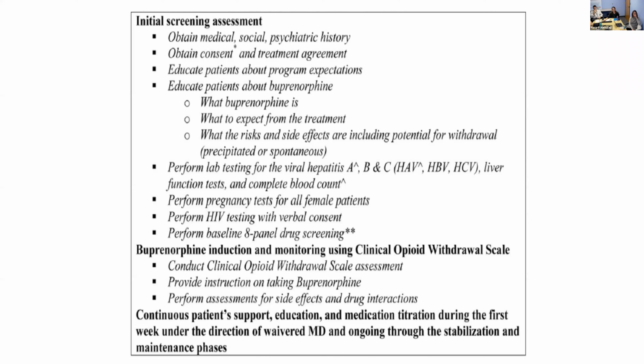And then farther down the list, the patient buprenorphine induction process and monitoring using that COWS scale. This explains how they use that at every induction and provide instruction on how to take it and how to assess for side effects. And then they would continuously work with the patients to provide support, ongoing medication, and again titrate the medication as needed to get to the appropriate effective dose.